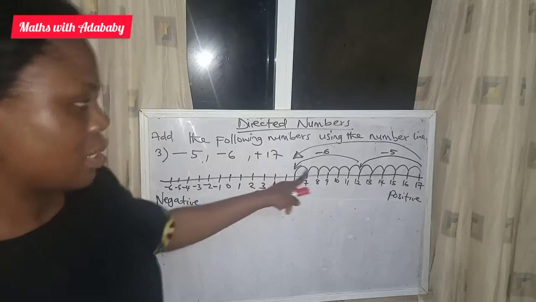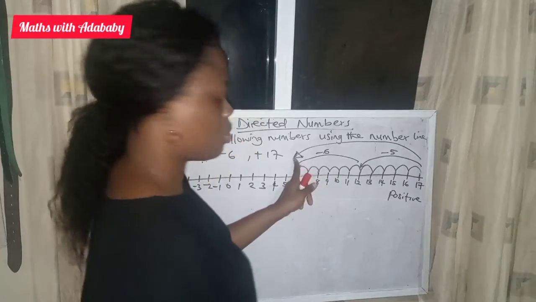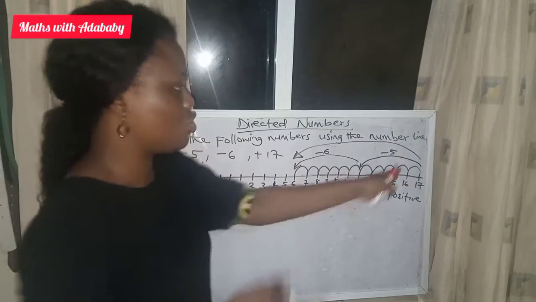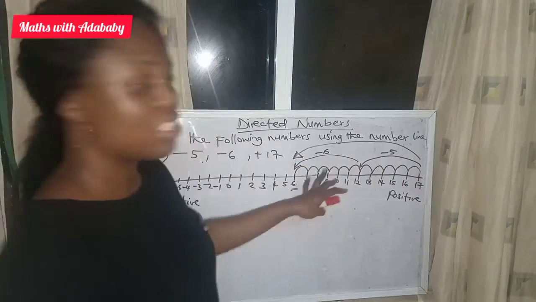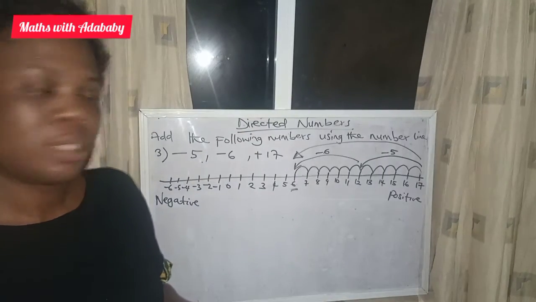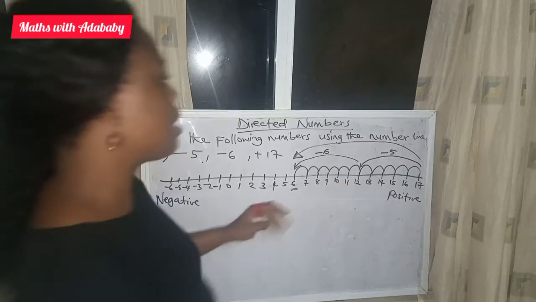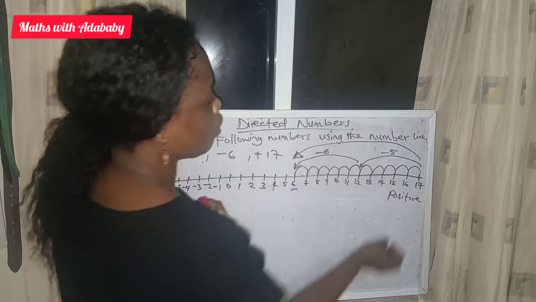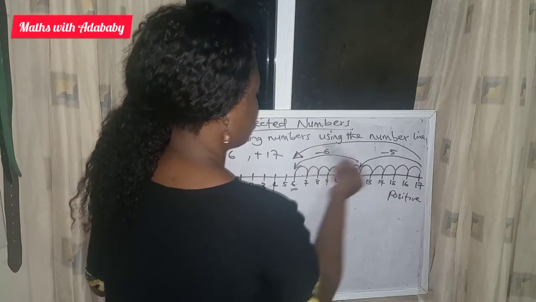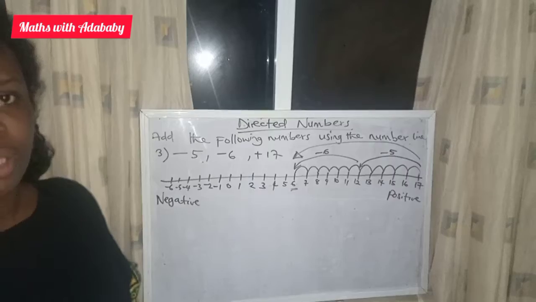So in this particular answer, the arrow is from this point down to this point because we are adding it. It is not just minus 5. It is not just minus 6. It is a complete sum. Do you understand? So we have identified these points, which means from 17 down to where the minus 6 ended.